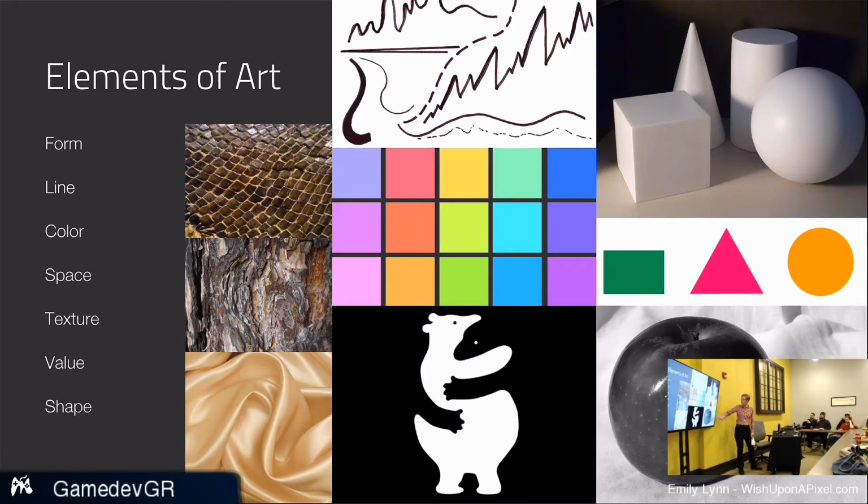And then we have value, which is how the light and shadows interact with each other. Not only that, but also how the objects separate from the background. Right now the apple is a pretty dark color, so that makes it stand out against the background. And last but not least, we also have shape, which is the starting point for our forms as well.